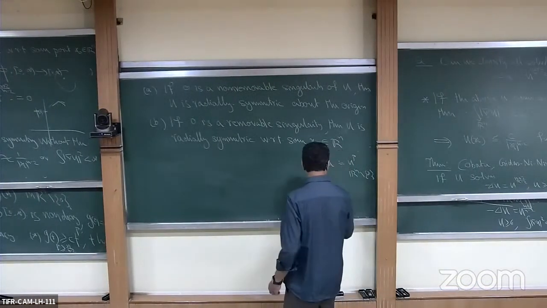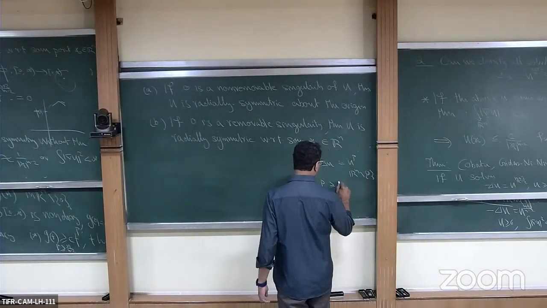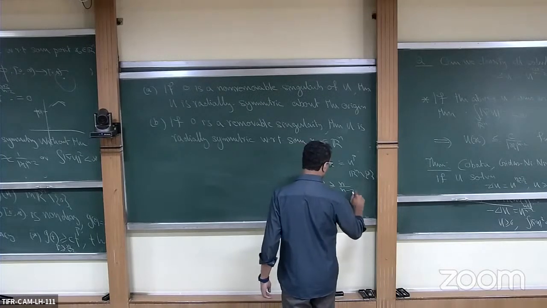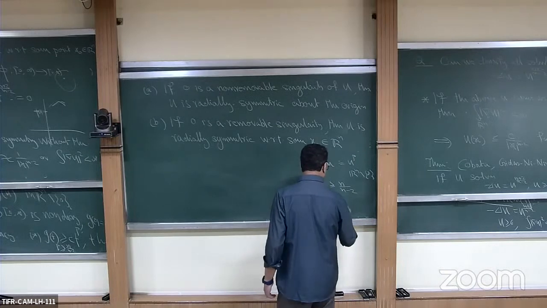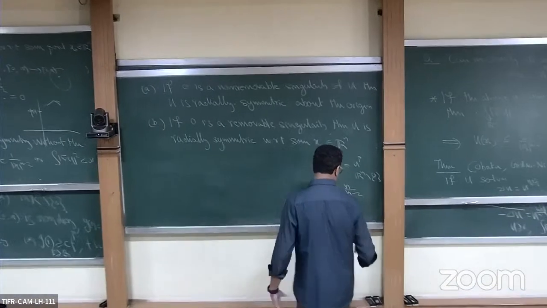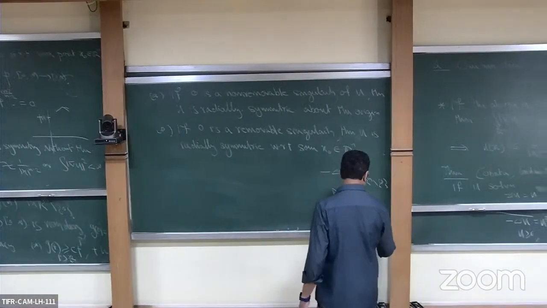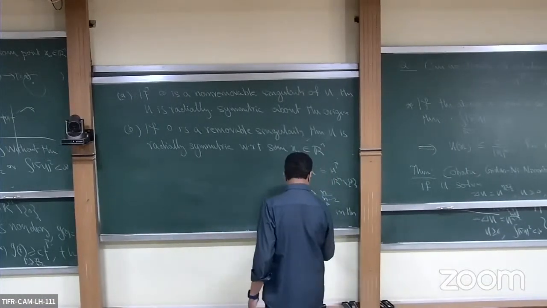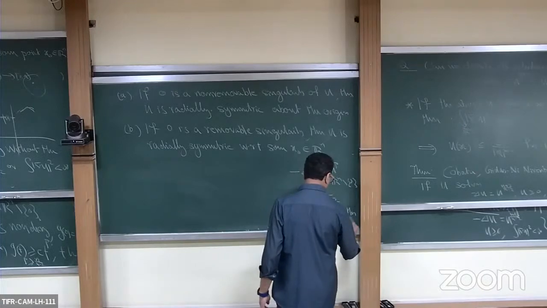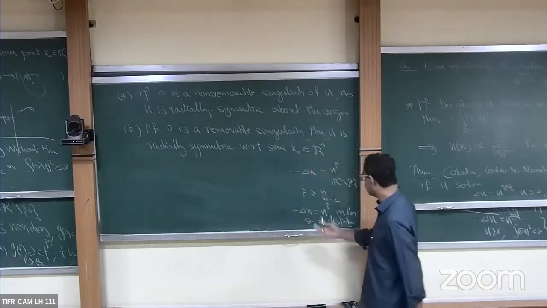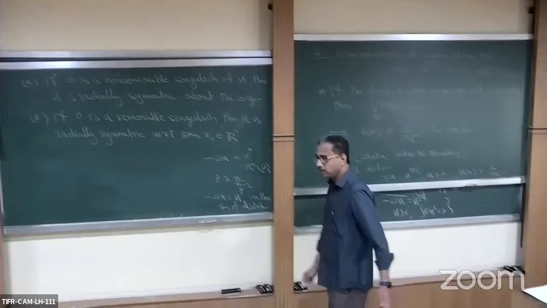you can show that when p is greater than or equal to this n by n minus 2, then you have this equation, minus the Laplacian of u equals u to the power p, in the sense of distributions. That means you take the distribution of Laplacian, it's going to be u to the power p.